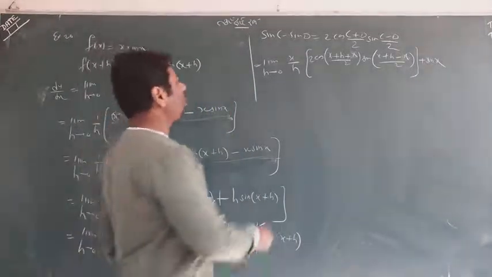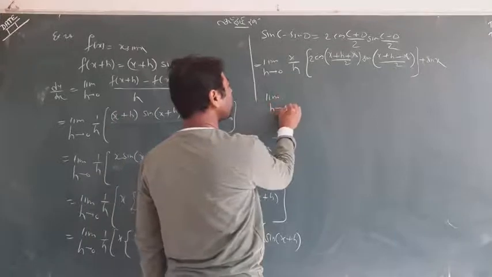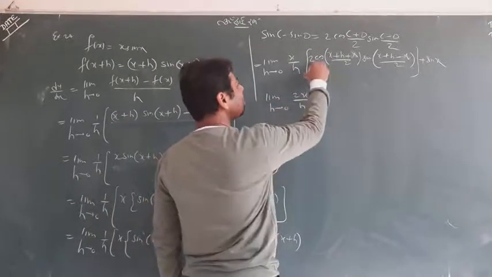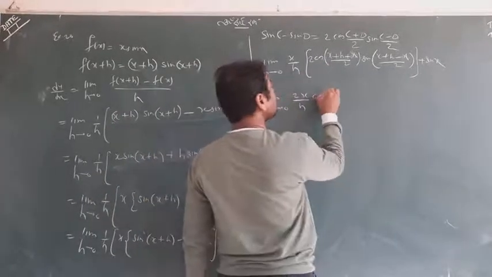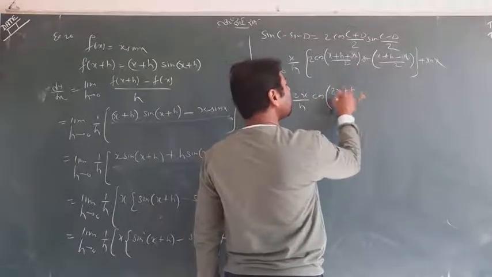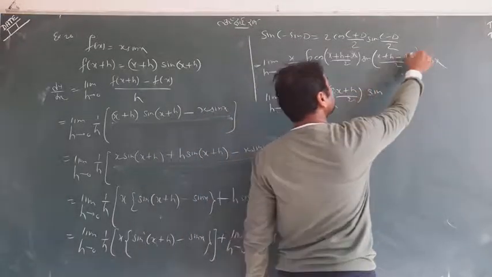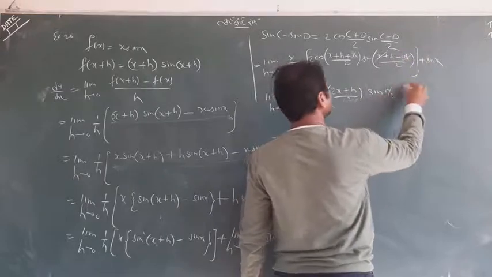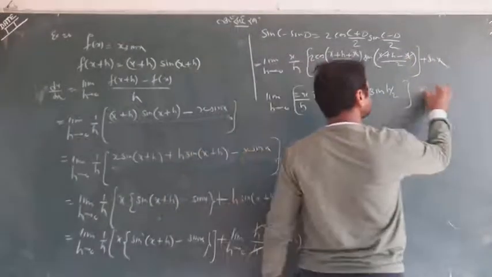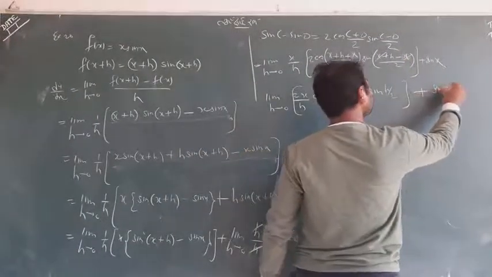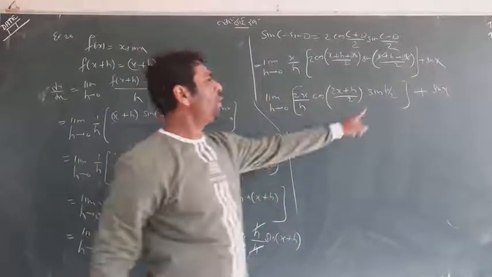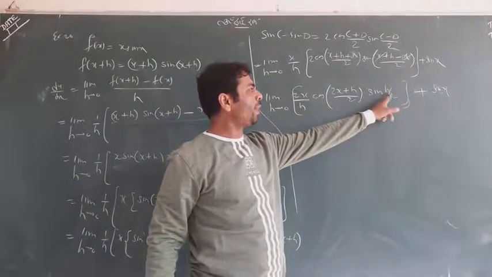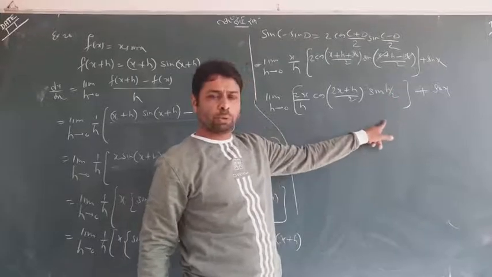Now what about that whole term? We can write 2x by h, cos 2x plus h by 2, and sin h by 2. This is the question, and plus we already have sin x. What we can do? We have a sin along with angle h by 2. So we need the same term in the denominator, you know that.